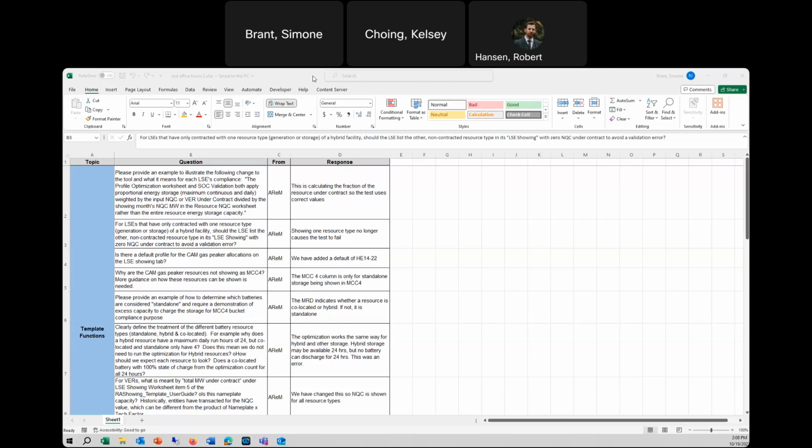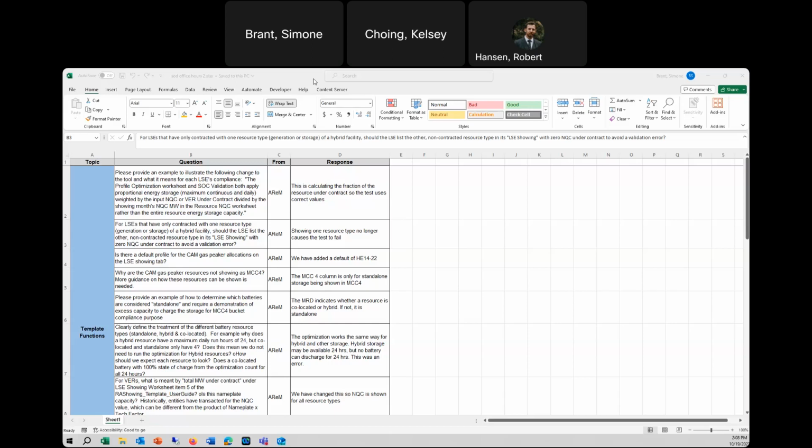Does that mean that we now have the capability of reducing the amount of energy storage that we want to show from a particular resource? And the calculation is now taking that into consideration. It's not going to look for the actual resource total capability, it's just going to look for what we're showing in that particular month. Is that correct?